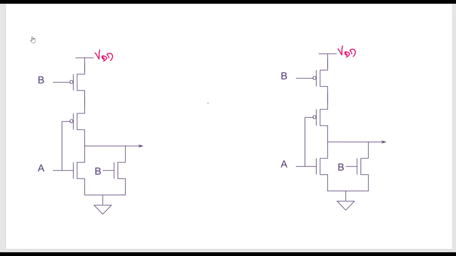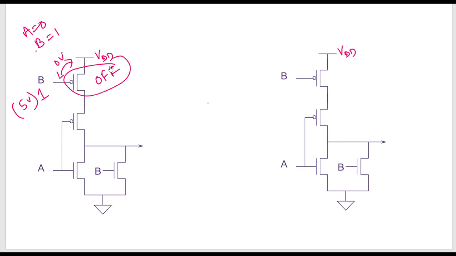Now let's take A equals 0 and B equals 1. When B is 1, that means 5 volts. When you apply 5 volts, this effectively becomes 0 volts. This will be off condition, which is equivalent to open circuit. And when A is 0, this transistor will be off. When B is 1, this becomes plus 5 volts and this will be on.